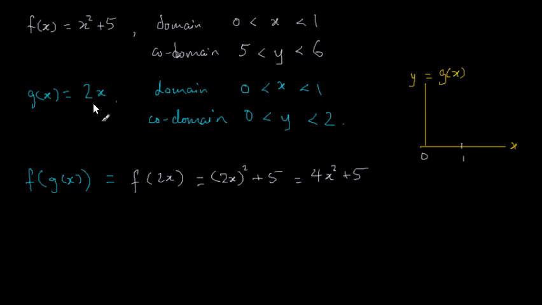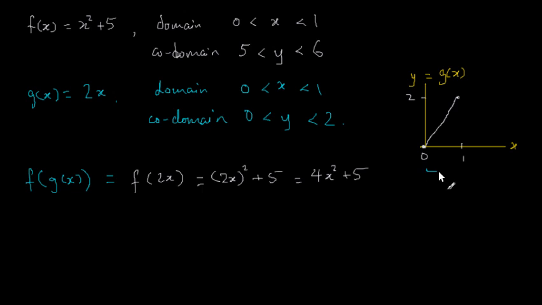So it's just a straight line graph. When x is 0, g(x) is 0, so I have a point here. When x is 1, g(x) is 2 times 1, which is 2. So I have a point there where y is 2. And since it is a straight line graph, I can just sketch a straight line joining those two points. So that's my graph.